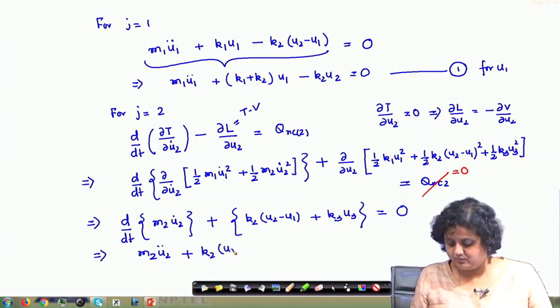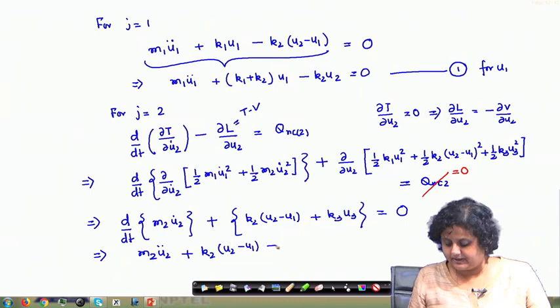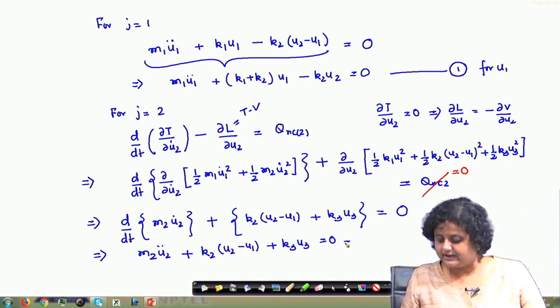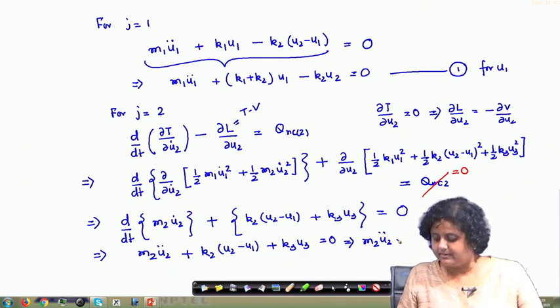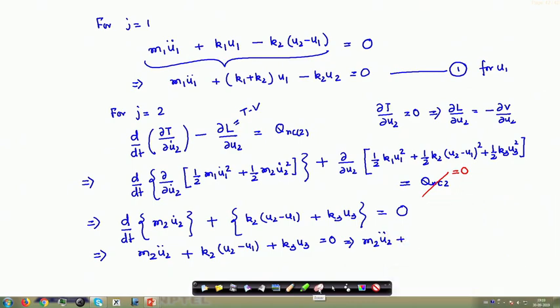So, k2 (u2 minus u1) plus k3 u3 is equal to 0, which can be rewritten as m2 u2 double dot minus k2 u1 plus (k2 plus k3) into u2 is equal to 0.